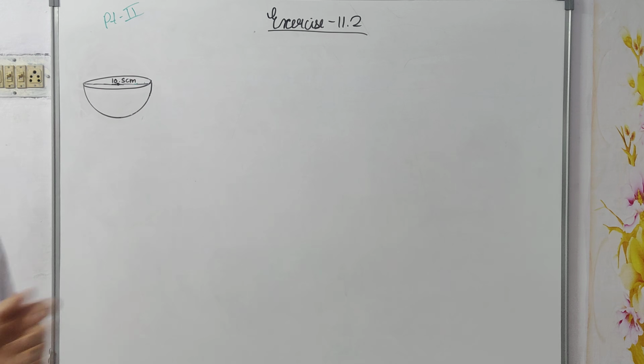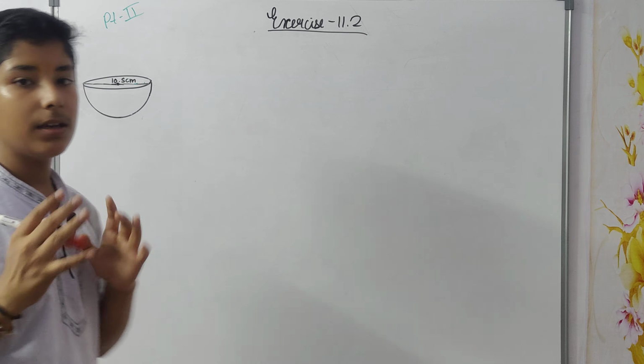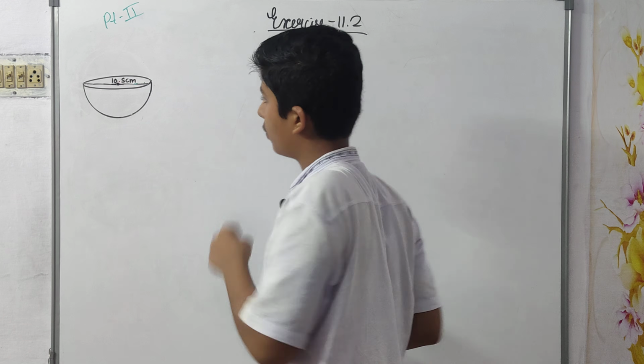Okay, so now in our next question, I'll use a red marker, and here it is given that there is a bowl, spherical bowl, I mean hemispherical bowl.